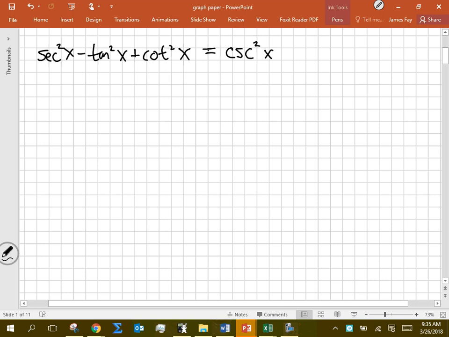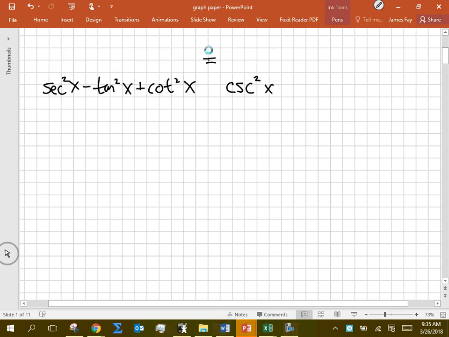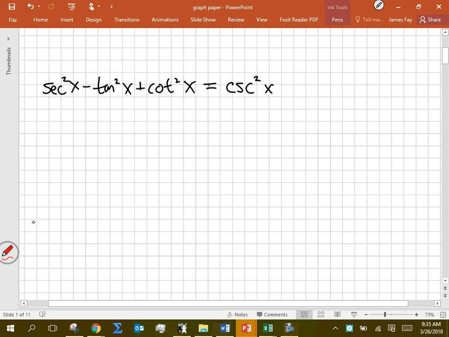Okay. What you're going to be asked today with some of our questions is extremely similar to what we've been doing, just maybe a different format, maybe the way you organize your work might be a little bit different, but instead of them writing the directions where they said simplify down to one single trig ratio, they might say prove the following identity.